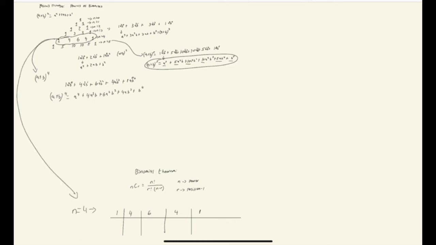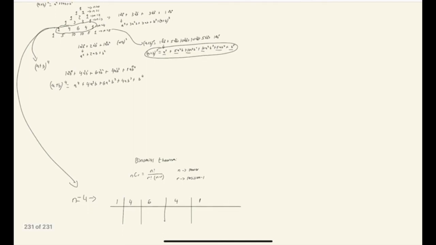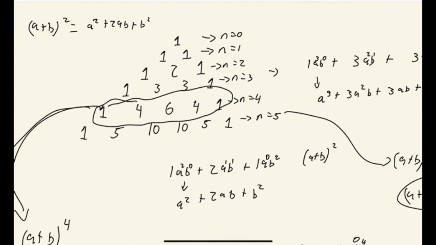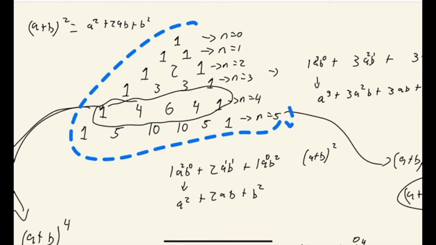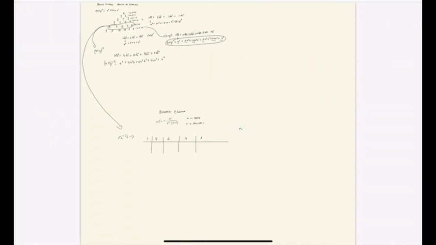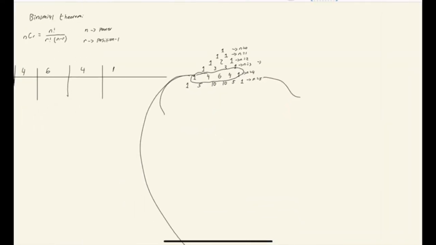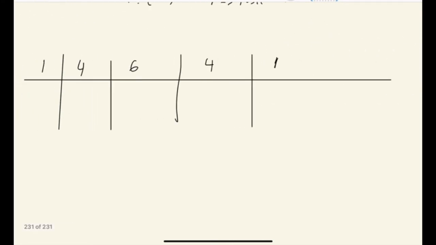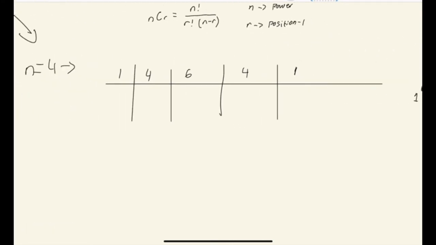And I'm actually going to copy the Pascal's triangle so we can have it by our side. Copy, and we're going to paste it over here. Okay, great. So I'm using this 1, 4, 6, 4, 1 in the Pascal's triangle.